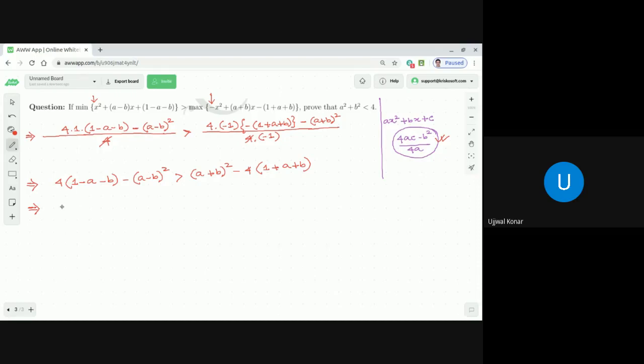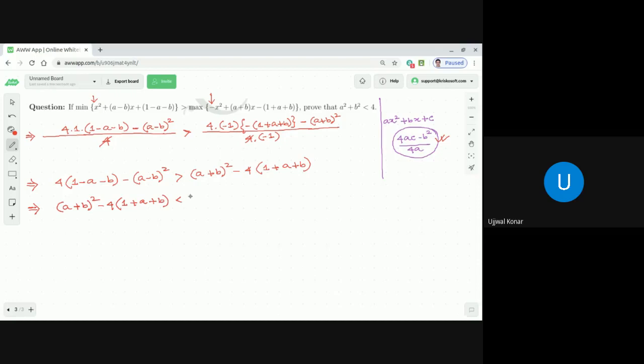so from here we can write (a plus b) whole square minus 4 into 1 plus a plus b, that will be definitely less than 4 into 1 minus a minus b minus (a minus b) whole square.